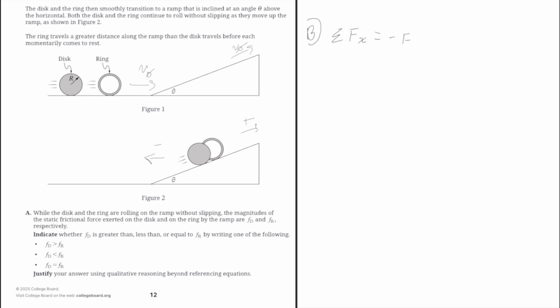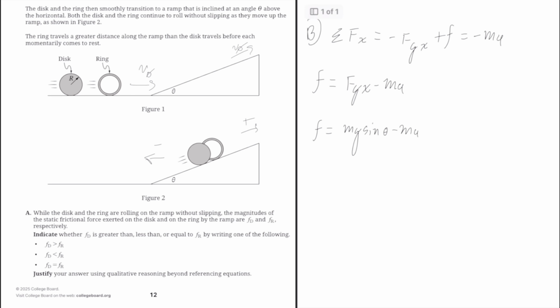So my negative is negative Fgx, plus we're going to call that f, is equal to negative ma, because it's accelerating down. Because if it's going to stop at some point, then it has to be accelerating down, right? So now we're just going to solve. We're going to move Fgx to the other side, minus ma. So f has to equal mg sine theta minus ma.